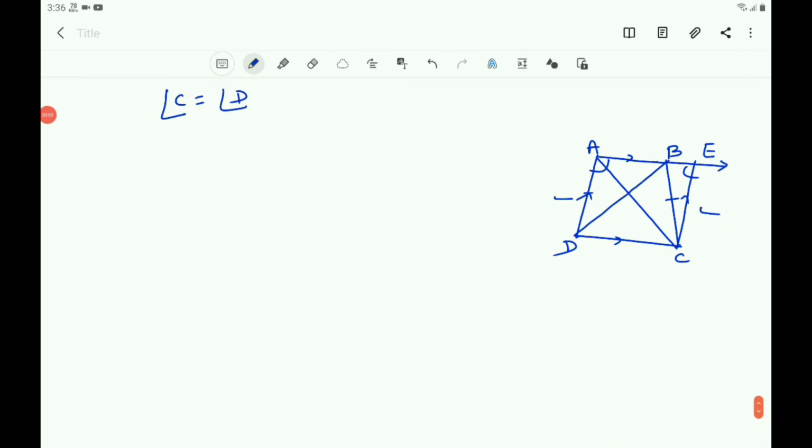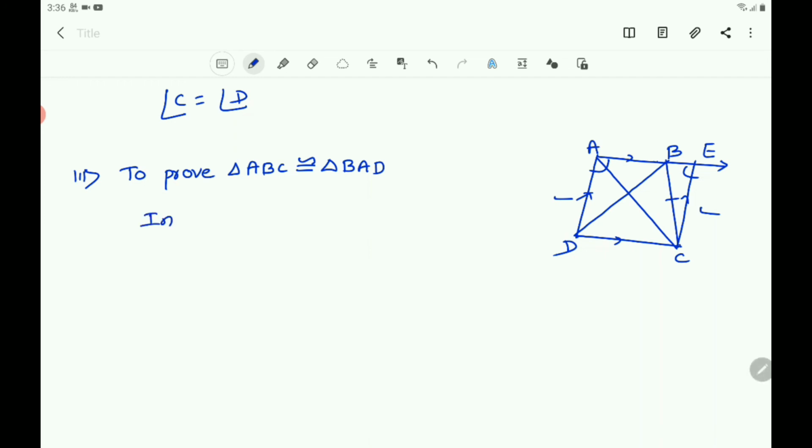Next, to prove triangle ABC is congruent to triangle BAD, that is the third one. Now here you take triangle ABC and triangle BAD.